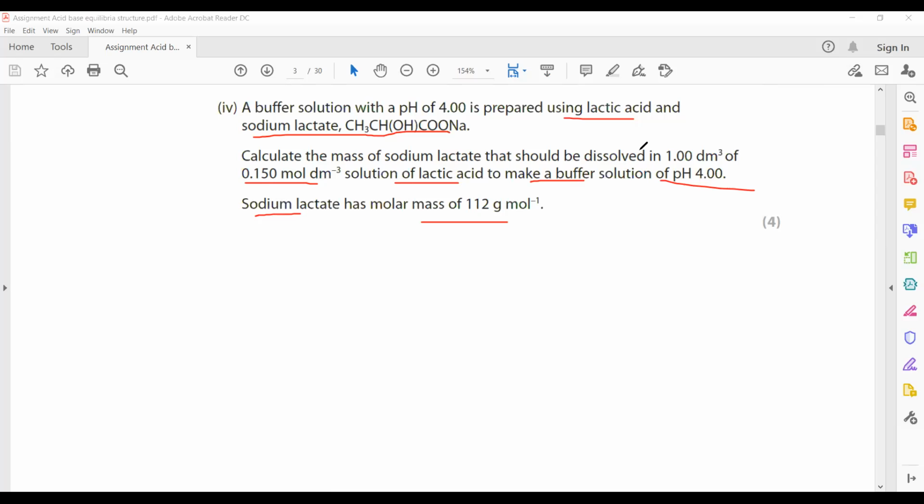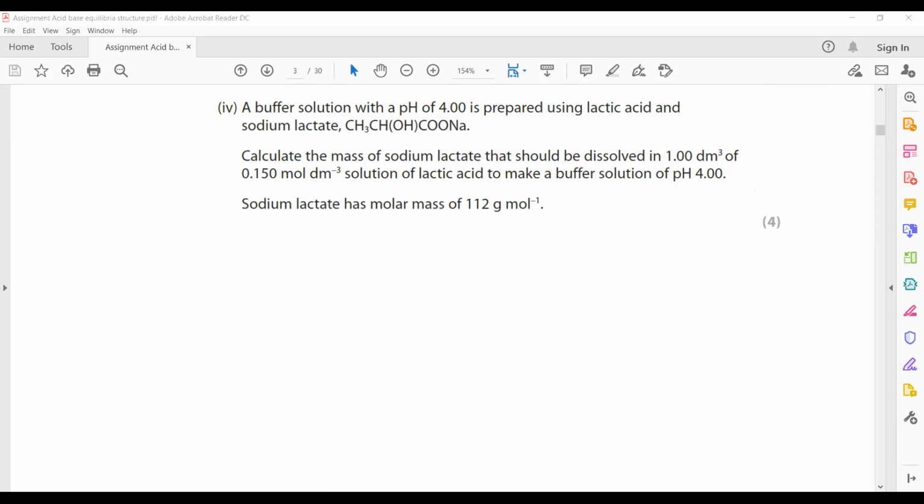So first thing, using the pH, we can find the hydrogen ion concentration. And from the hydrogen ion, because the dissociation constant is already known and the concentration of the lactic acid is known, we can find the concentration of the lactate ion, or sodium lactate ion.